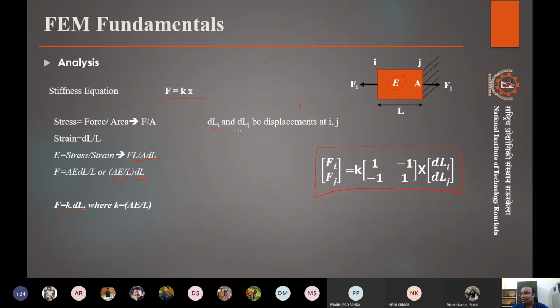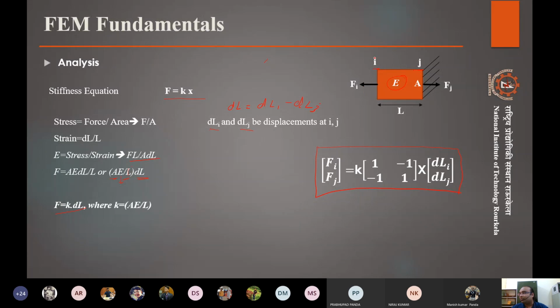And on the J side, if the displacement is dlj, so the total displacement or the total change in length, the dl will basically be dli minus dlj, right? If we are seeing in this direction.